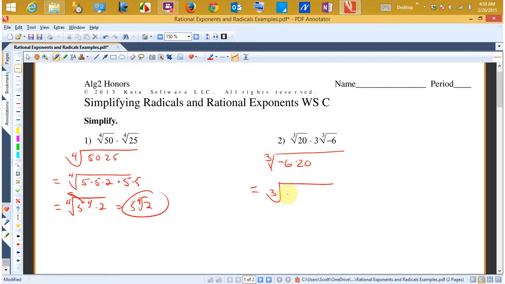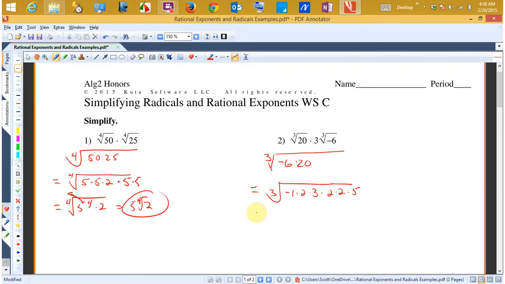So a negative 6, that would be a negative 2. Actually, let's do it like this. Let's make it a negative 1, so I can do whatever I want with the negative. So a negative 1 times 2 times 3 times 2 times 2 times 5.